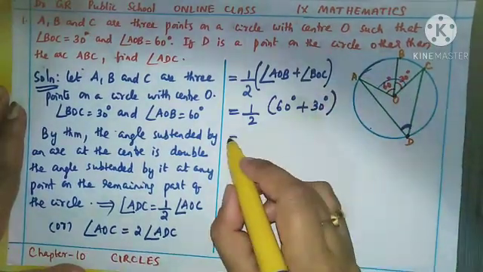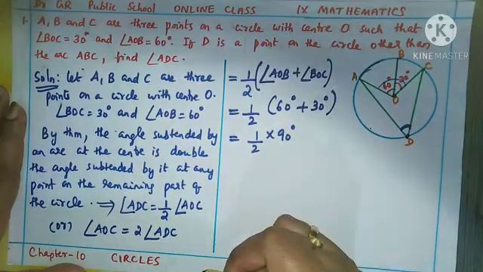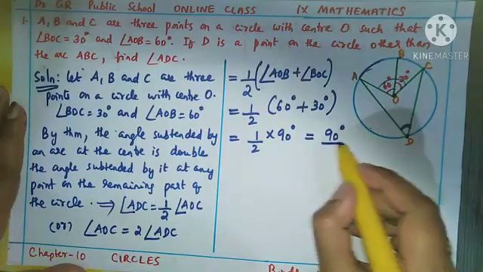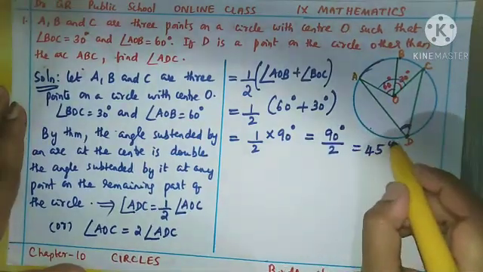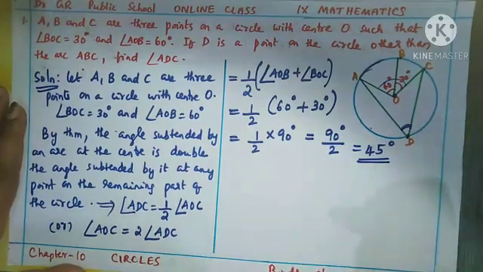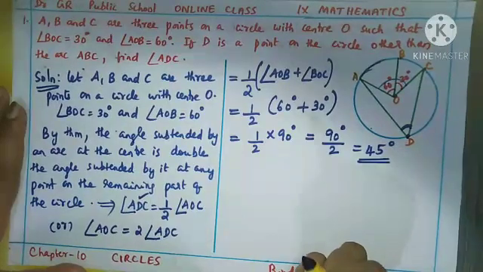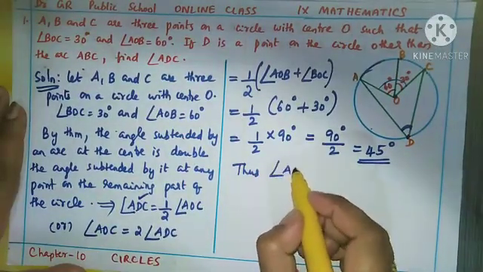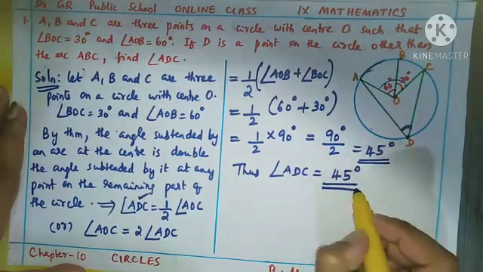Understand? So, what is 60 degrees plus 30 degrees? 90 degrees. So, that is 90 degrees by 2. What is the half of 90 degrees? 45 degrees. So, what is this 45 degrees? The value of angle ADC. So, thus angle ADC is equal to 45 degrees.